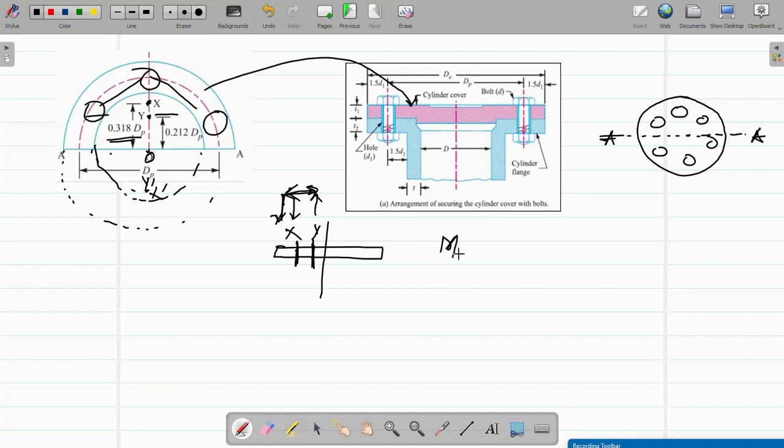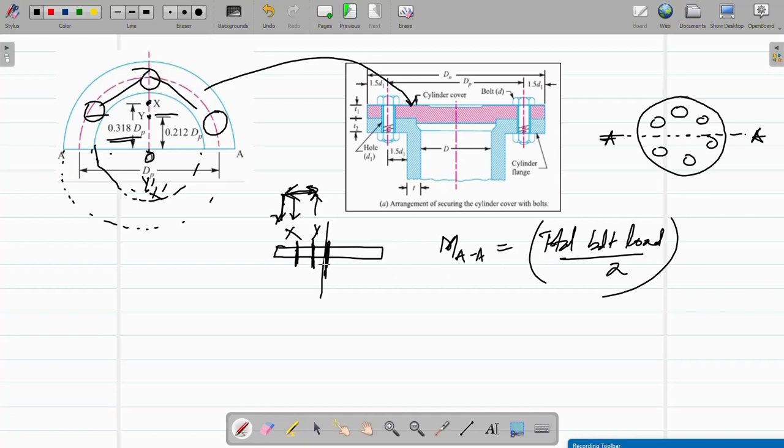So the moment M is half of the total bolt load divided by 2, and why half?